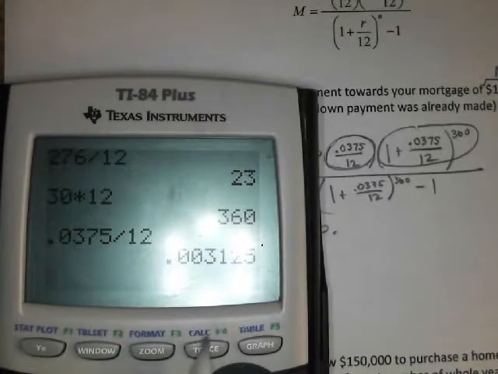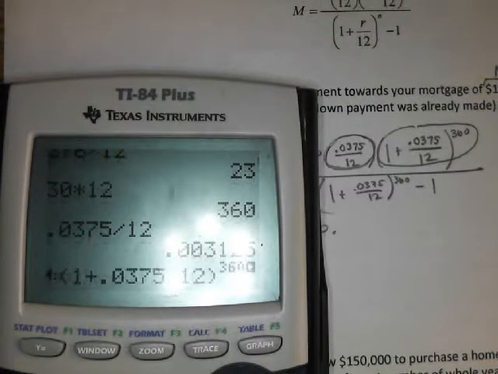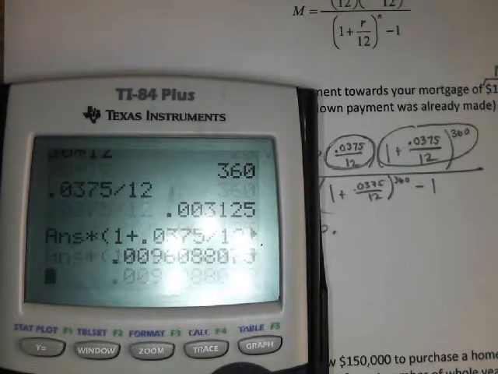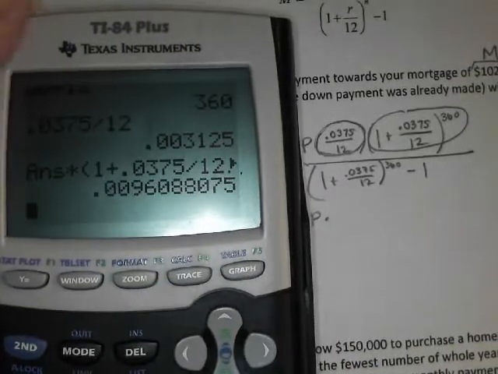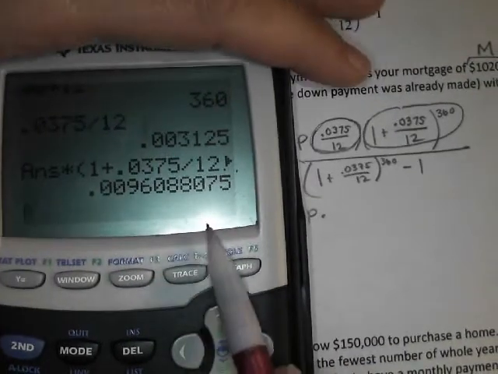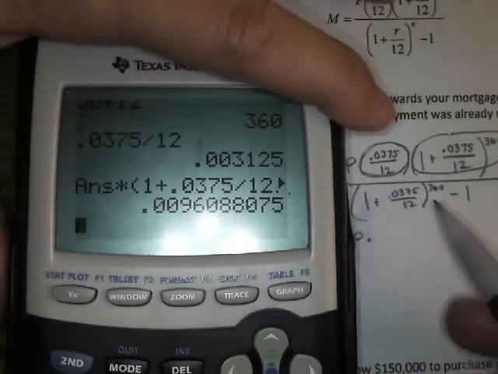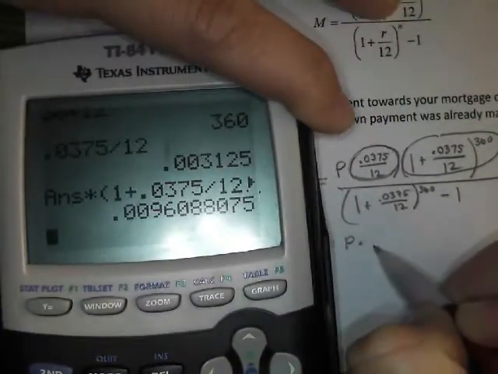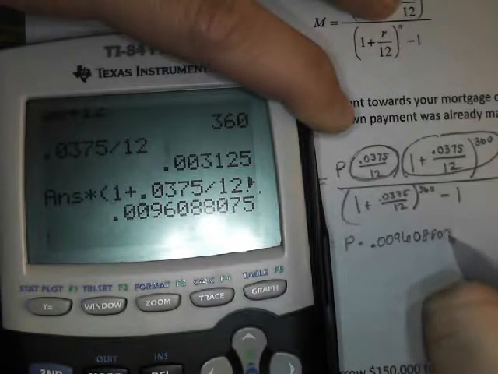I'm just going to immediately multiply that by parentheses, 1 plus 0.0375 over 12 raised to the 360th. So that whole numerator number, not pretty. I'm going to write down a lot of that. I don't want to throw anything off by not writing that down. So 0.00960888075 over.